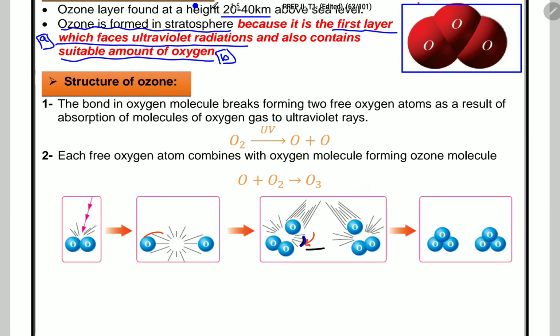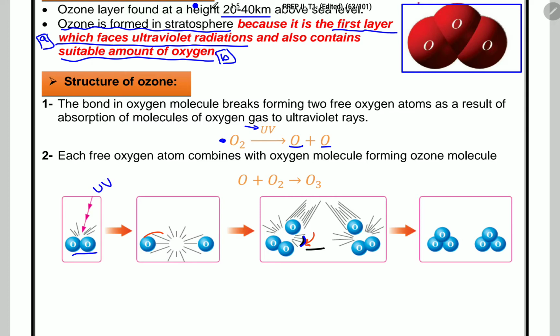How is the ozone layer formed? Each oxygen molecule is affected by ultraviolet radiations to break the bond between the oxygen atoms to give 2 free oxygen atoms, as we can see here. This is the oxygen molecule, and here is ultraviolet.